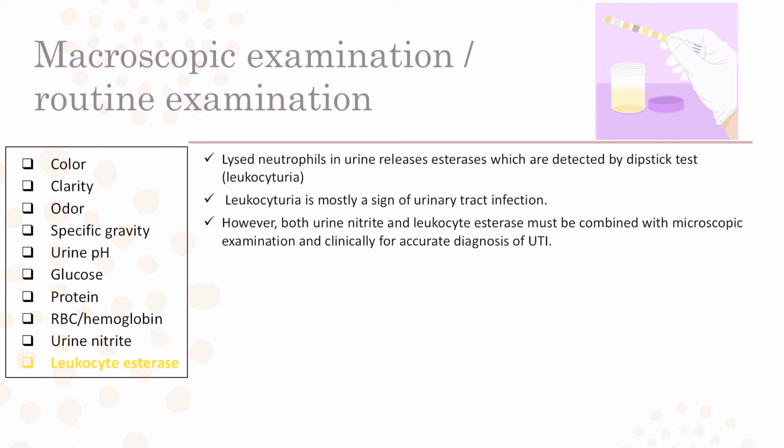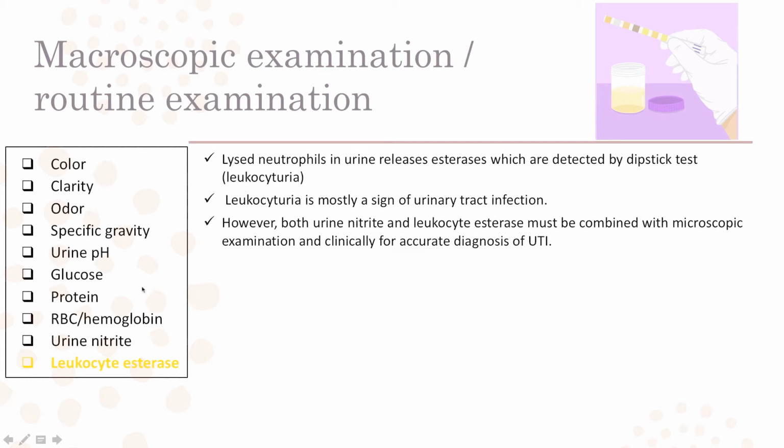So if leukocyte esterase is positive, we say that leukocyturia is present, and leukocyturia is mostly a common sign of urinary tract infection, and also leukocyturia could be a sign of acute interstitial nephritis, acute tubulointerstitial nephritis as well, ATIN.